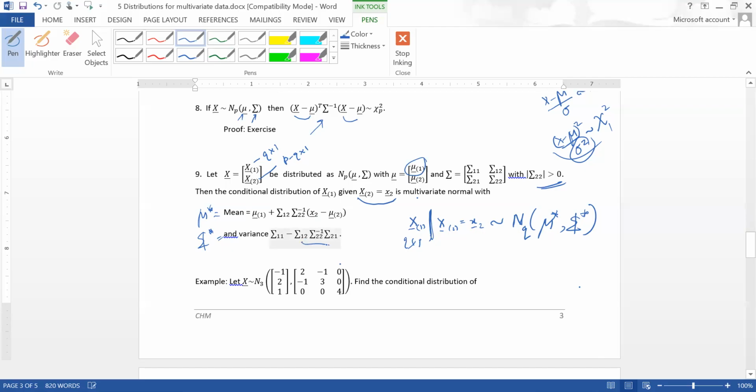You have to memorize these two formulas, the mean and variance of the conditional distribution. This is actually something you are already familiar with. I don't know how much you are familiar with that one. So, conditional distribution.